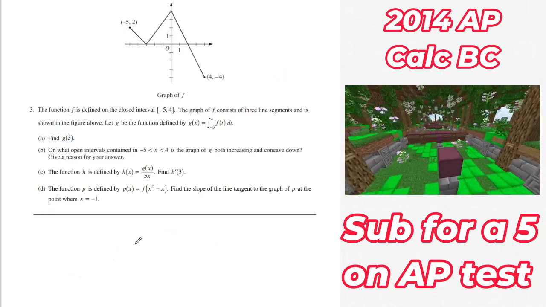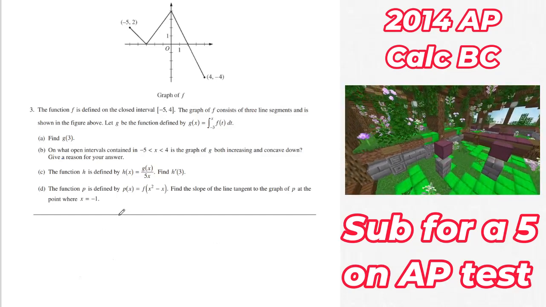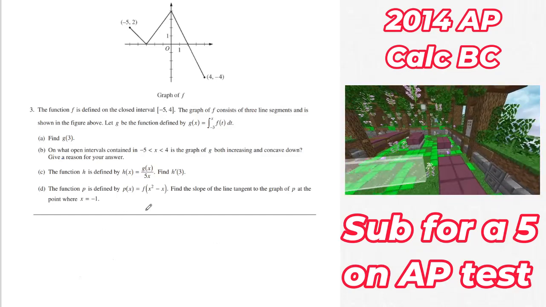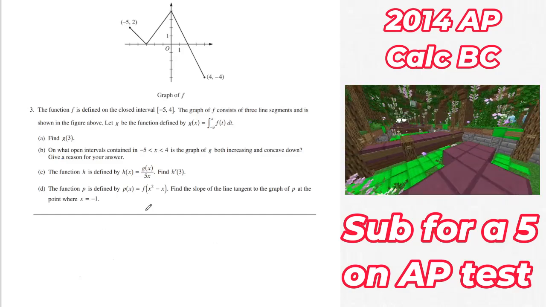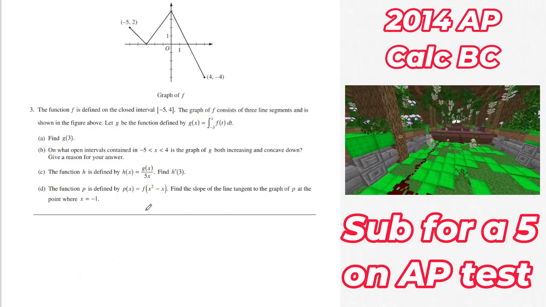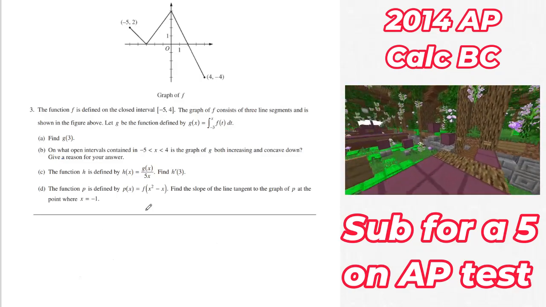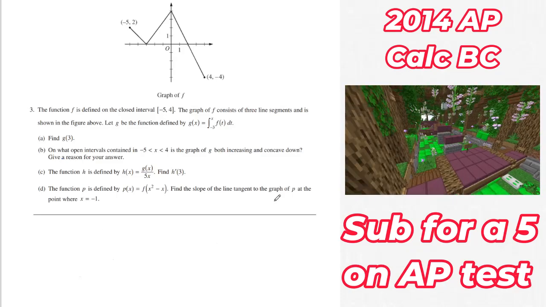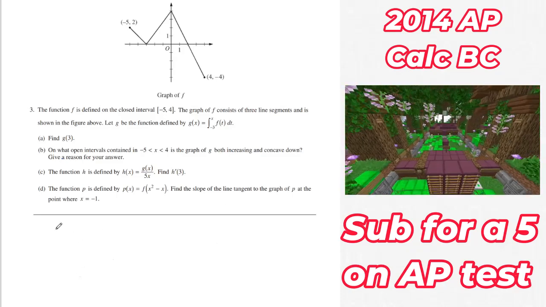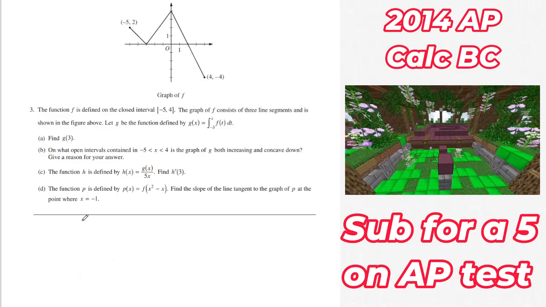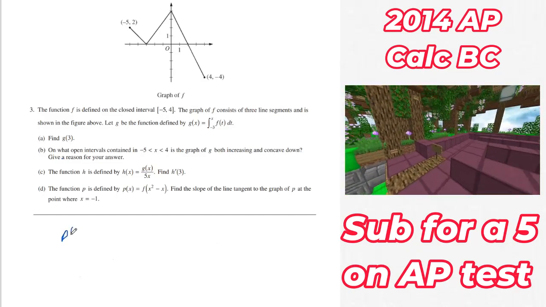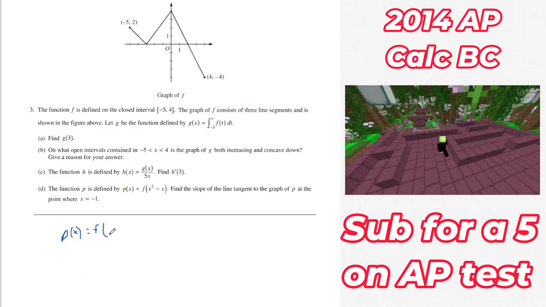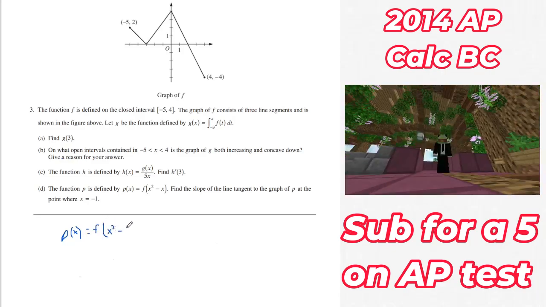In part D, we're given that the function p is defined by p of x is equal to f of x squared minus x. And we're asked to find the slope of the line tangent to the graph of p at the point x is equal to negative 1. So, to find the slope, we're going to find p prime of negative 1. So, let's write down p of x first. P of x is equal to f of x squared minus x.